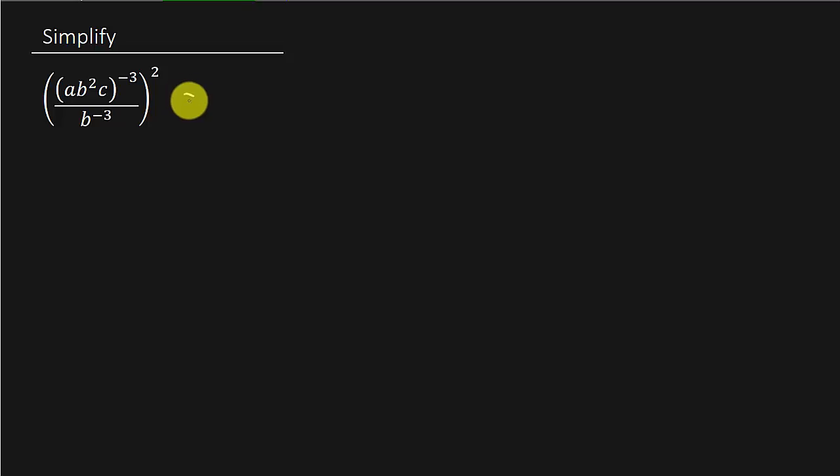All right, so for this, we've got to do something with this numerator here. If you remember, we have a property that says (a times b) raised to the n is a to the n times b to the n. What that's telling us is that if you have some terms inside the parentheses raised to a power, each one of these factors can be raised to the exponent outside.